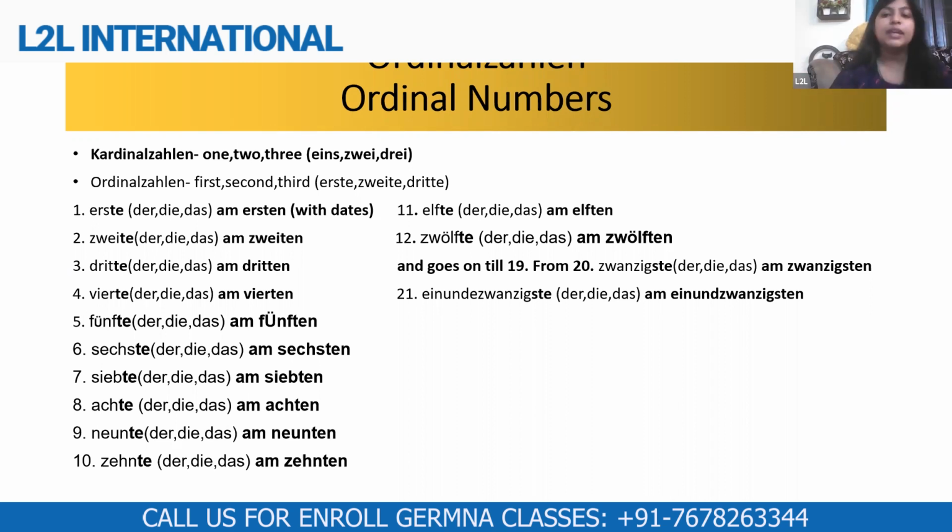And from 20th to 31st, we need to add STE. In place of TE, we'll be adding STE. For example, zwanzigster. Not zwanzigter, zwanzigster. What could be 21? You can see here, I wrote zwanzigster. For 22? Guess. You need to add STE with the numbers. 22.